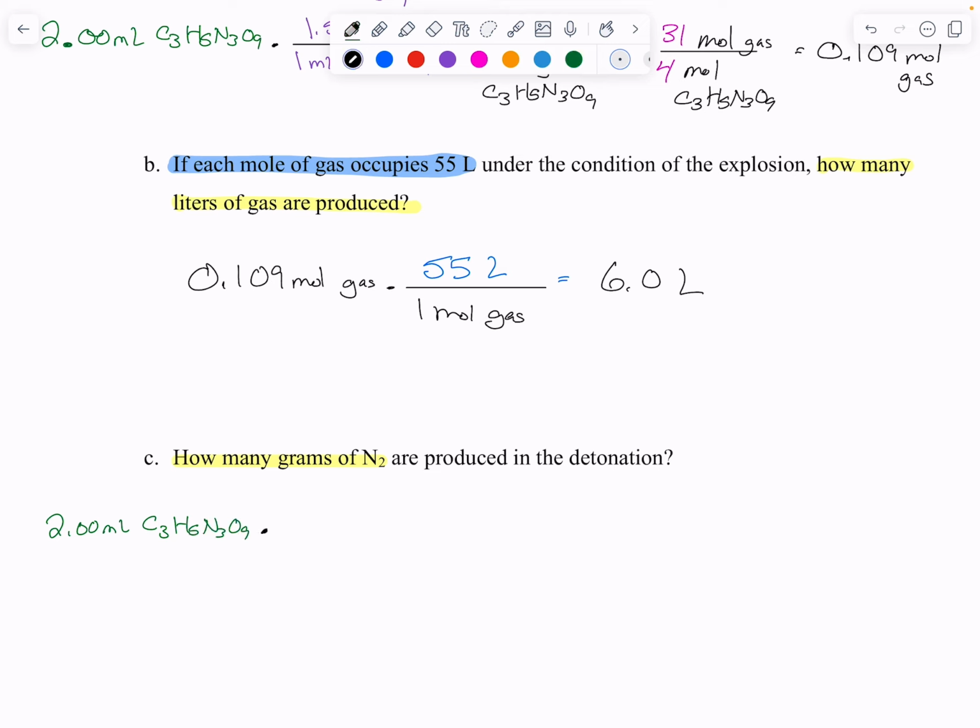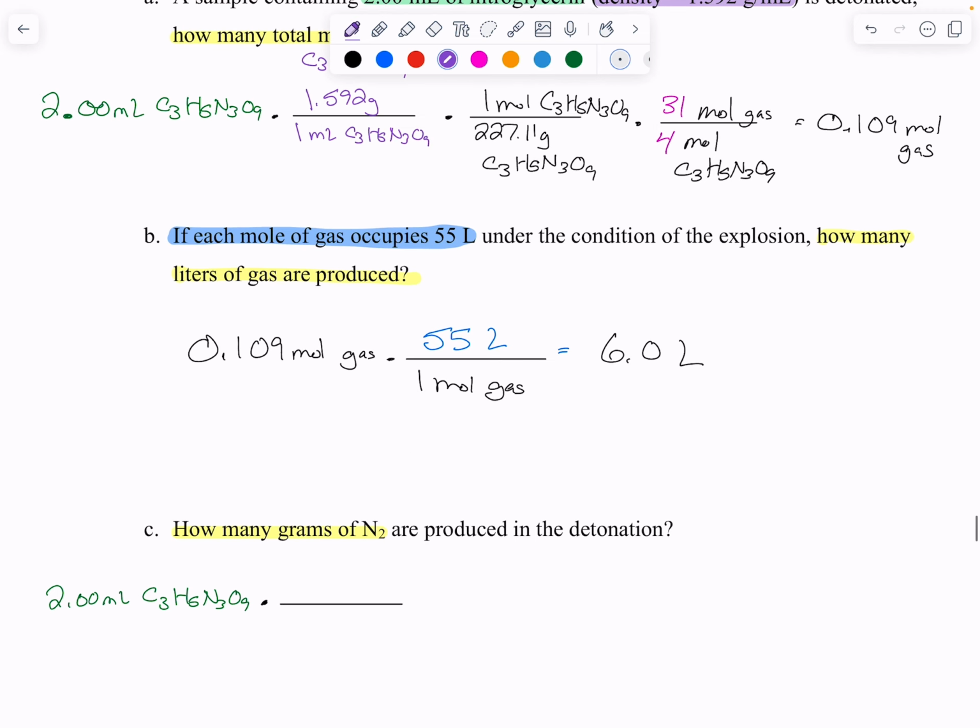And then it's going to be the same, right? Density. 1 milliliter C3H5N3O9 is 1.592 grams of C3H5N3O9.